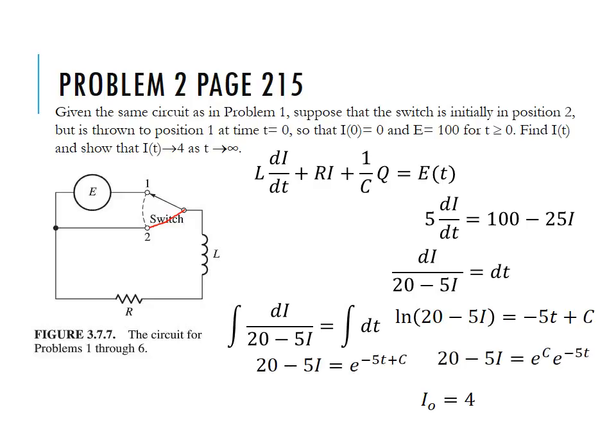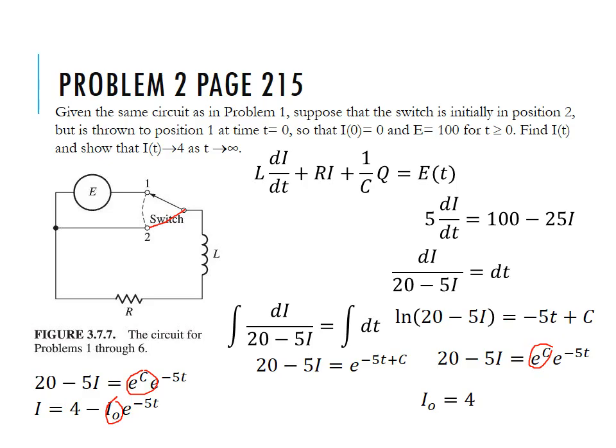I get that. And then I apply the property of exponents. I get this, where c times the e power is still a constant. And I'm going to write that constant as I0. So this constant and this constant are the same thing.